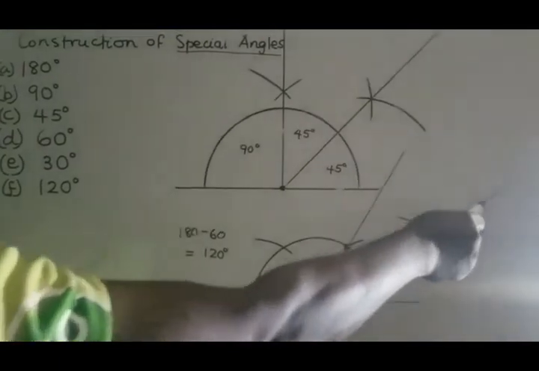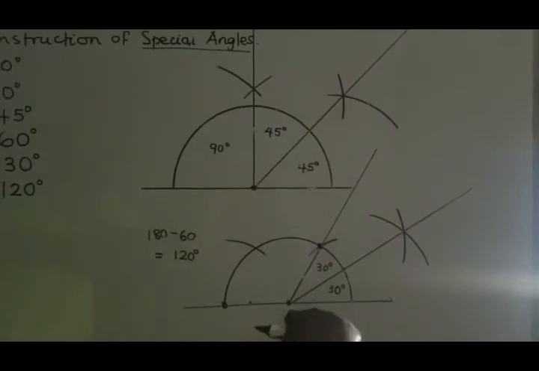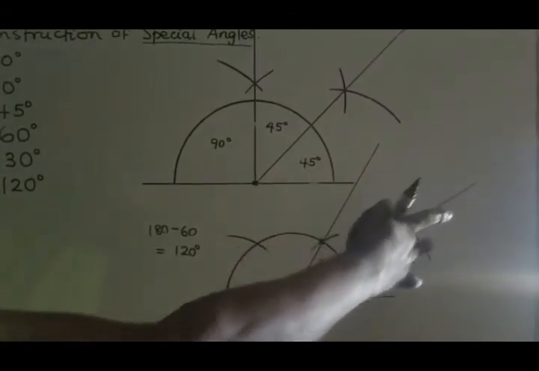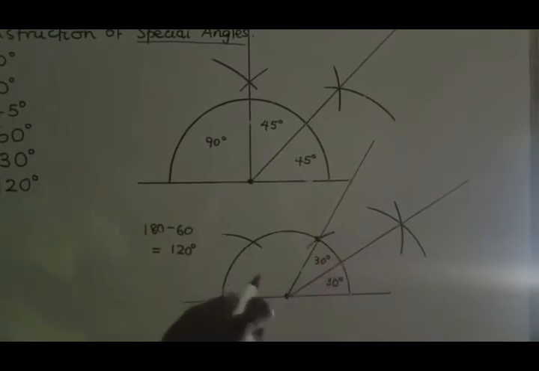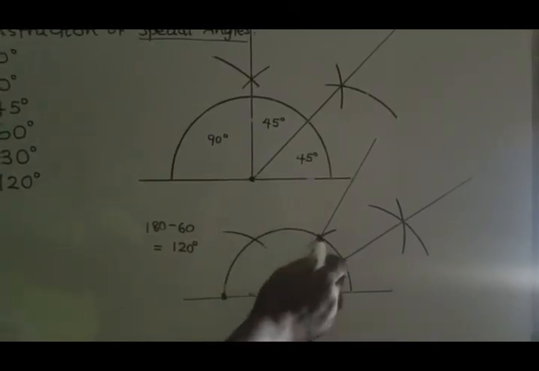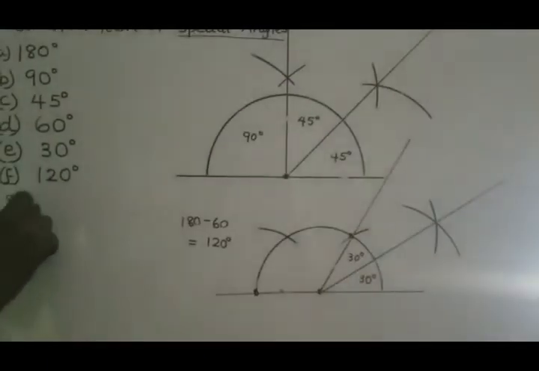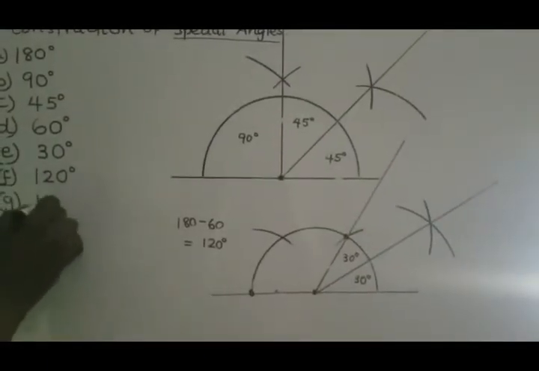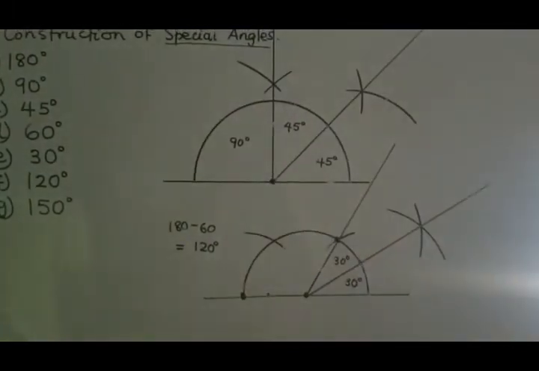Just this line here. If I remove this line now, it will remain this line. So from here to here is 150. That is 120 plus 30. That's 150 degrees. So another special angle is 150 degrees.